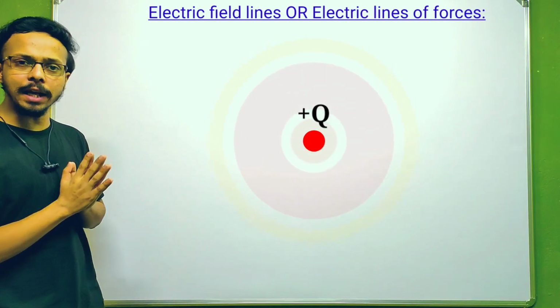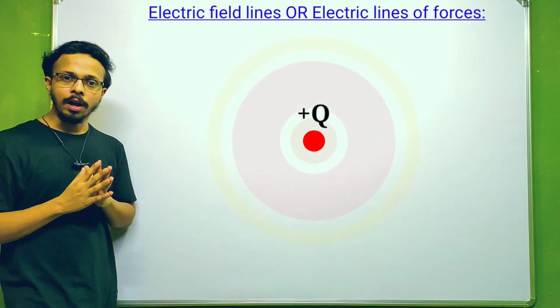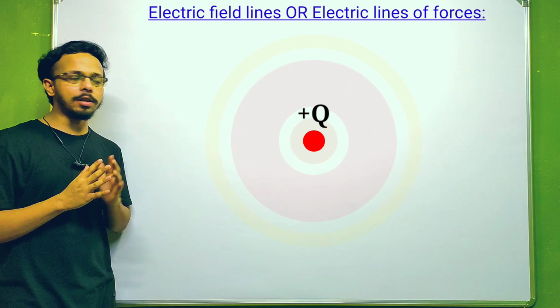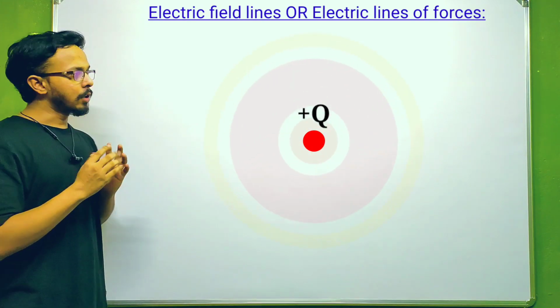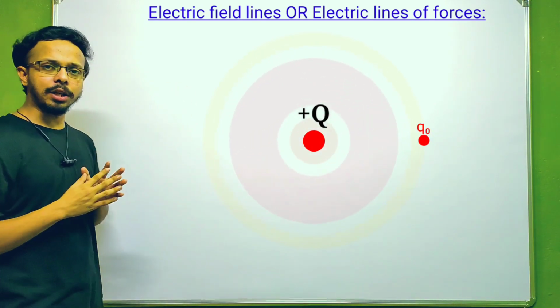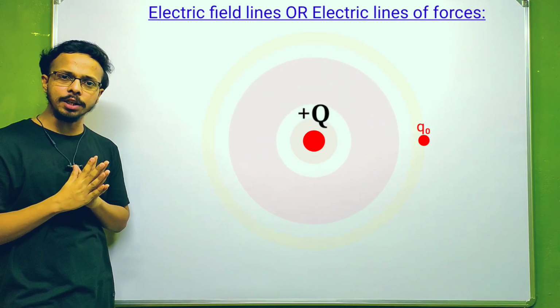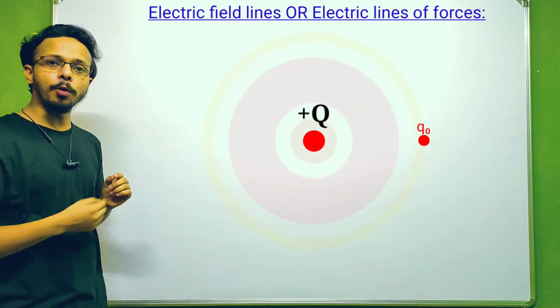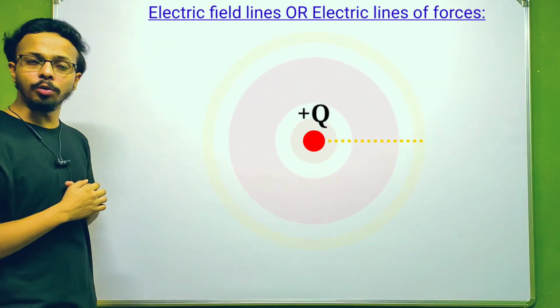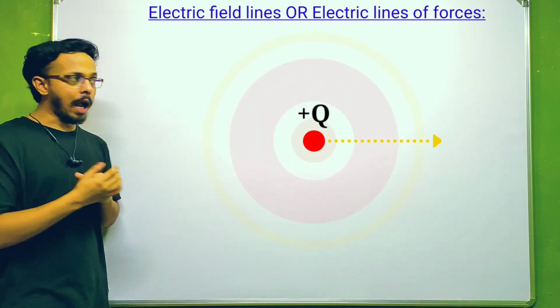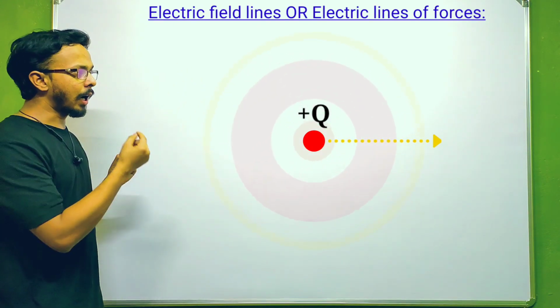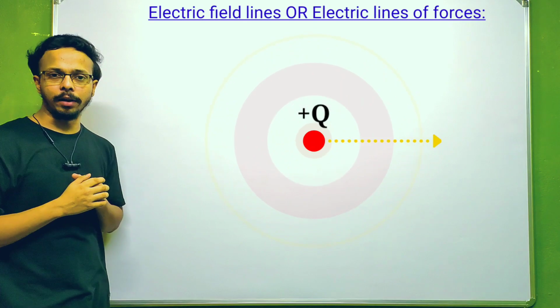By drawing the electric field lines surrounding this charge. Let us bring a test charge and place it inside the electric field of this charge. What happens? It experiences a force and it moves away due to the repulsion. Again, if you bring a test charge, it moves away.